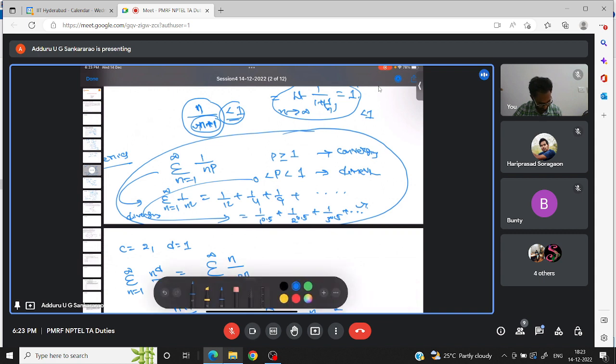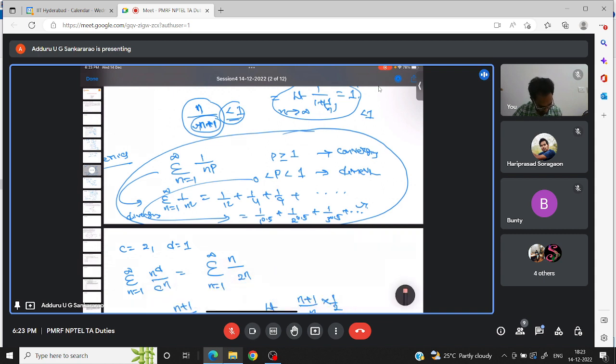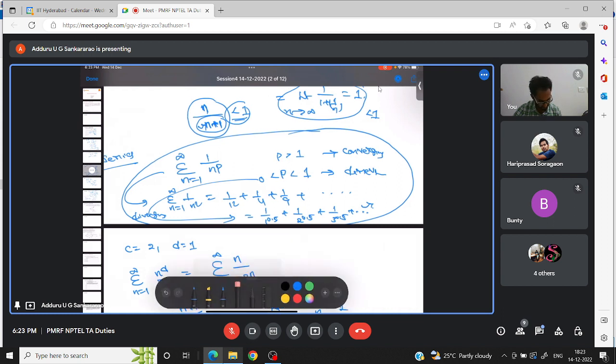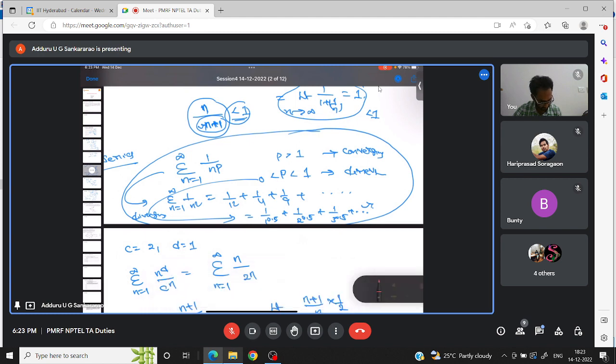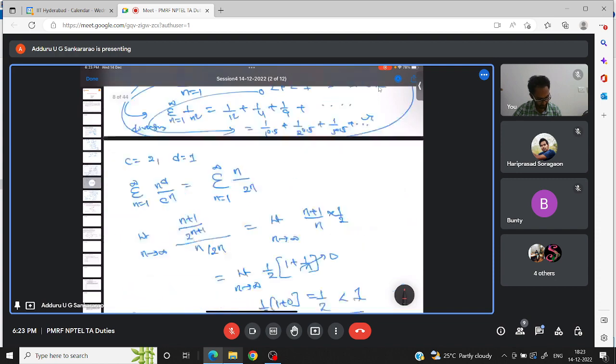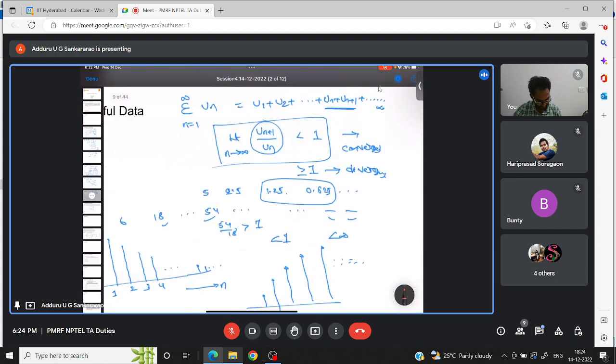Sorry, here I said something wrong. P greater than 1 converges. See, if the p series sigma n equal to 1 to infinity, p greater than 1 converges. So here it converges.